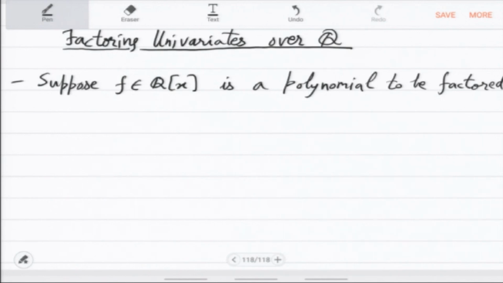Now note that at this point it is not even clear whether we can check whether this polynomial is factorizable. Right? Even the checking question is not clear. But what is clear is that we can simplify it a little. We can make the coefficients integers.